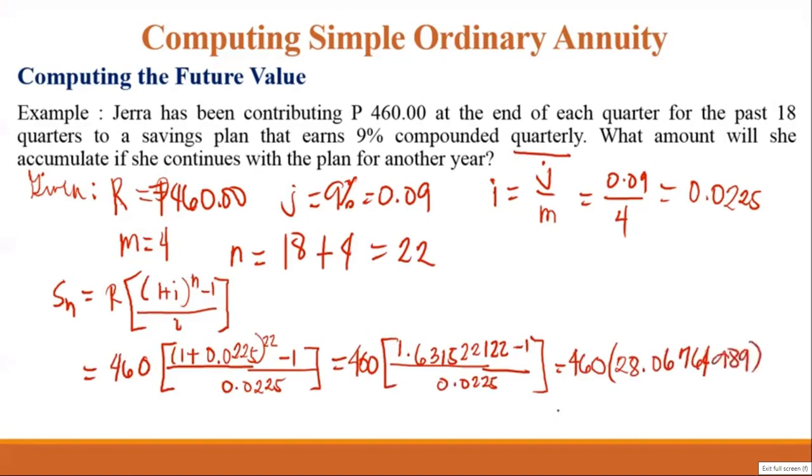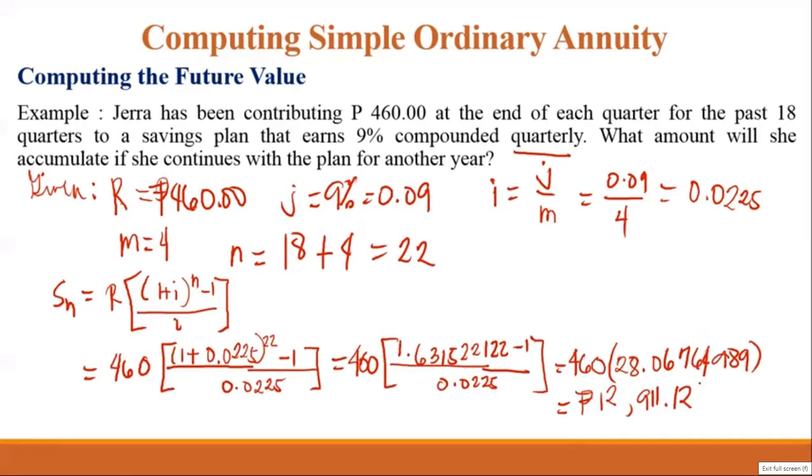So the future value is 12,911 pesos and 12 centavos.